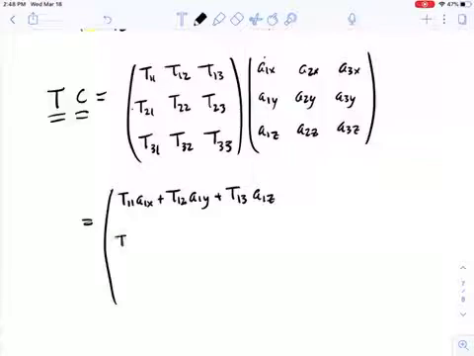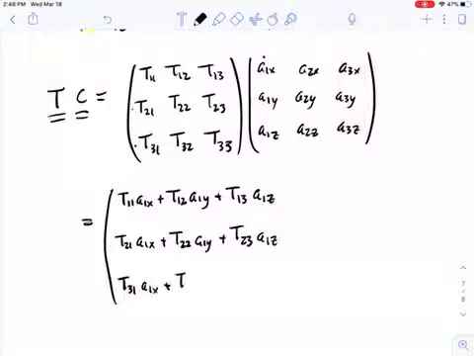That would be T21 A1x plus T22 A1y plus T23 A1z. And then let's do the third row times the first column: T31 A1x plus T32 A1y plus T33 A1z.